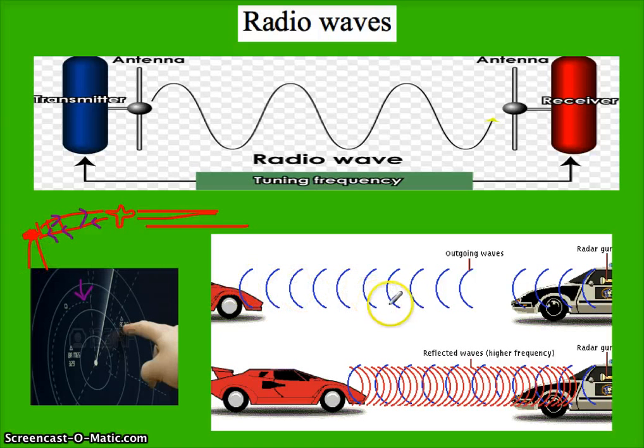Police radar also uses radio waves. Here we have the police officer right here with his handy dandy radar gun. You have Speedy McSpeed coming in his nice red sports car. The radar gun fires a signal of a known frequency out toward the target. And of course, it just bounces back.